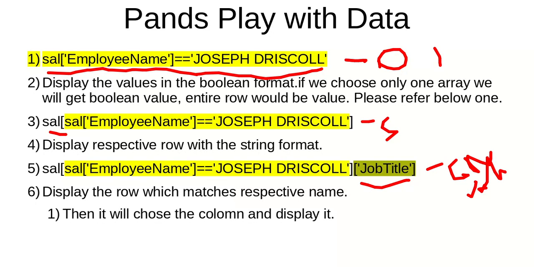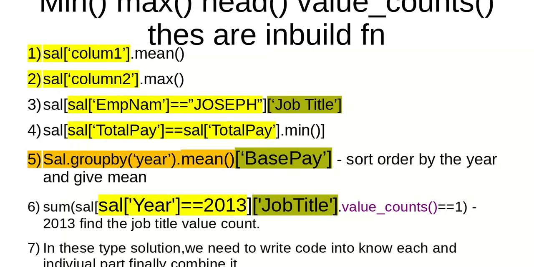And once we understand pandas, then we can do arithmetic operations to get the mean, max, minimum, average, and value counts, everything. That's very simple. Everything so far was with the square bracket, but these will be with the round bracket.